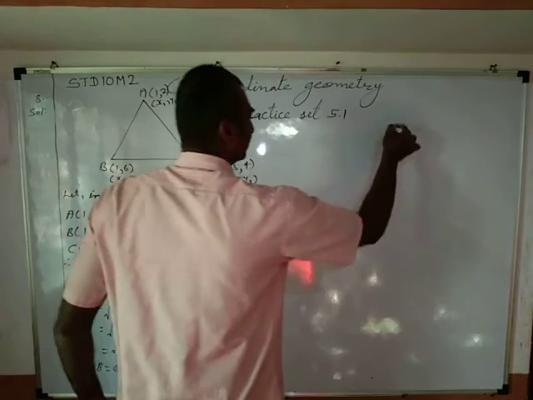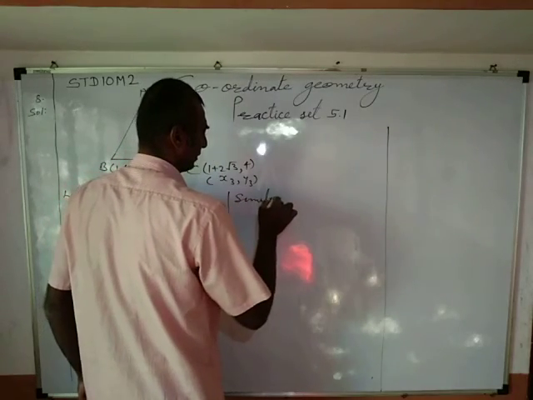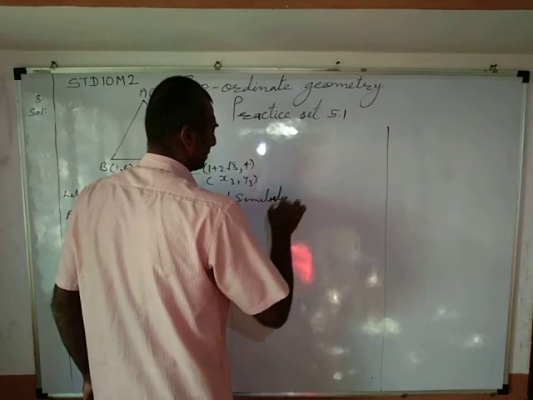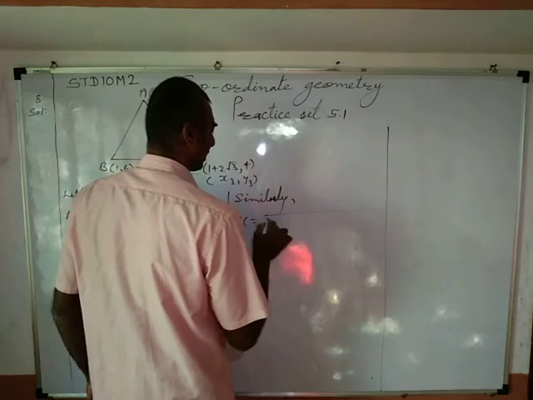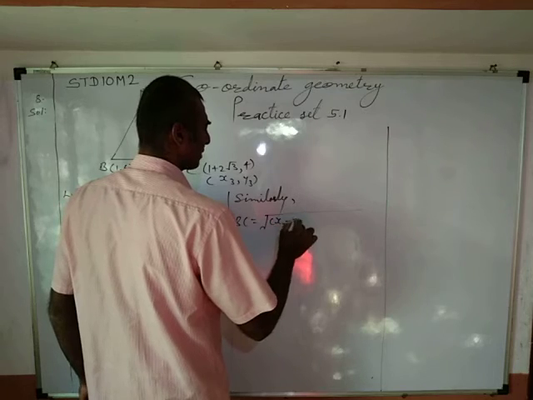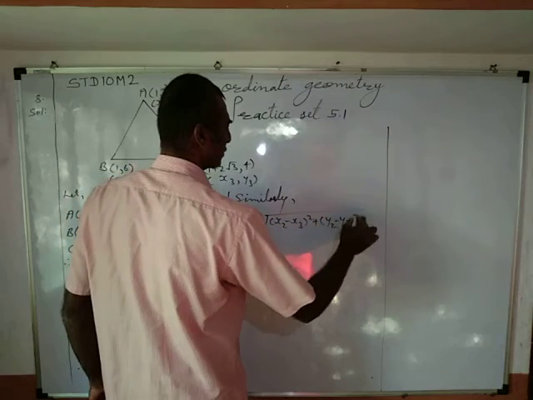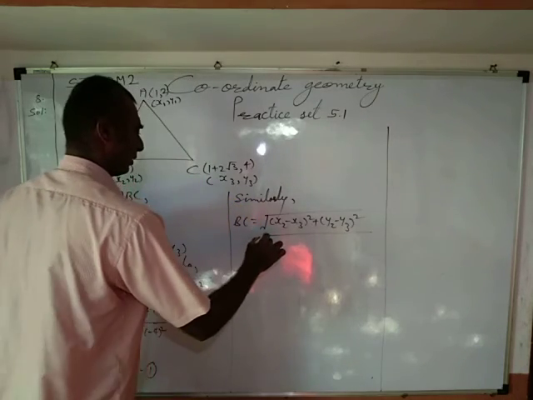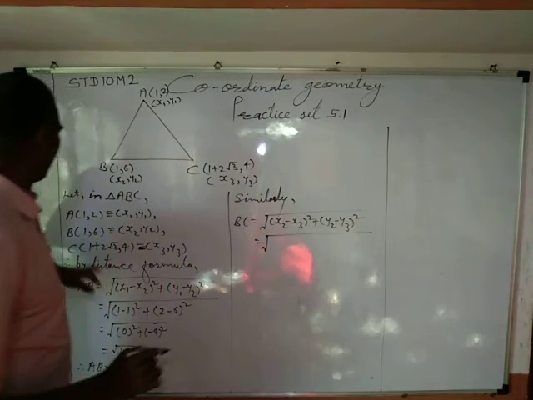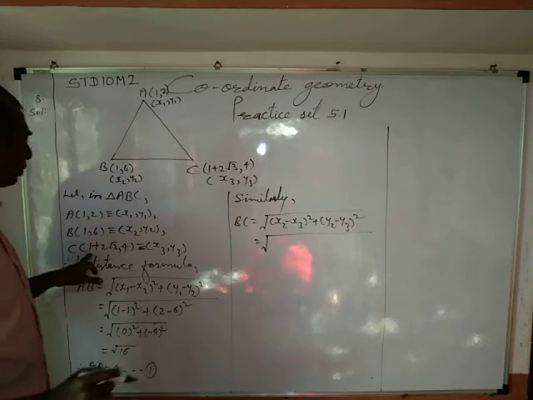Similarly, BC equals under root (x2 minus x3) whole square plus (y2 minus y3) whole square. The value of x2 is 1 and the value of x3 is 1 plus 2 root 3.